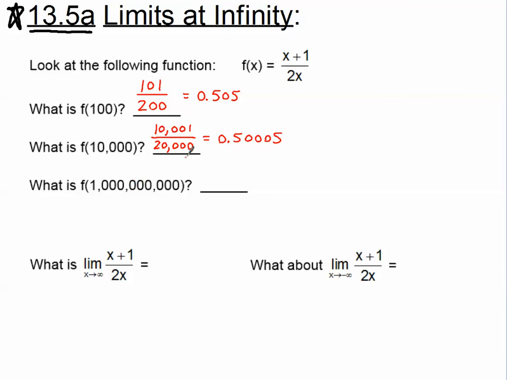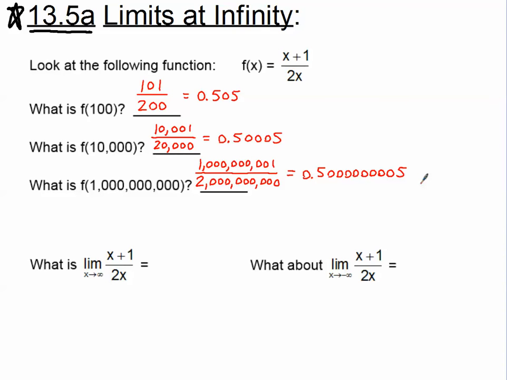So I'm going to plug 1 billion in for x, and 1 billion plus 1 will be 1,000,000,001. Plugging 1 billion into the denominator, 2 times 1 billion would be 2 billion. And the decimal equivalent of this fraction would be 0.500000005. I believe that's correct, 8 zeros.